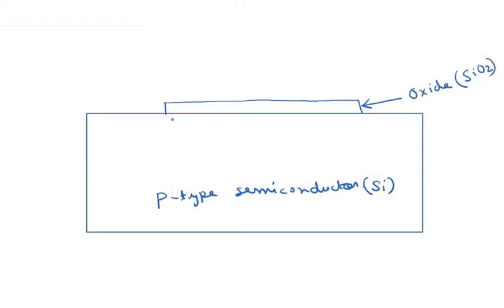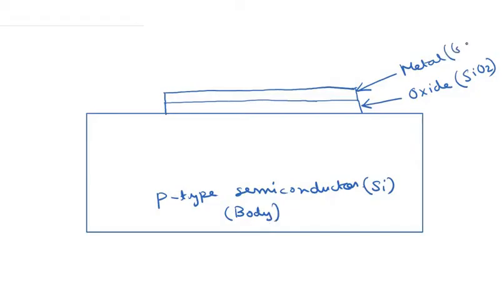Then on top of this oxide we fabricate another layer of metal. So you see where the name metal oxide semiconductor has come from. There is a top layer of metal, beneath that there is oxide, and beneath the oxide there is this p-type semiconductor. This p-type semiconductor is known as the body of the transistor, and this metal layer is known as the gate of the transistor.